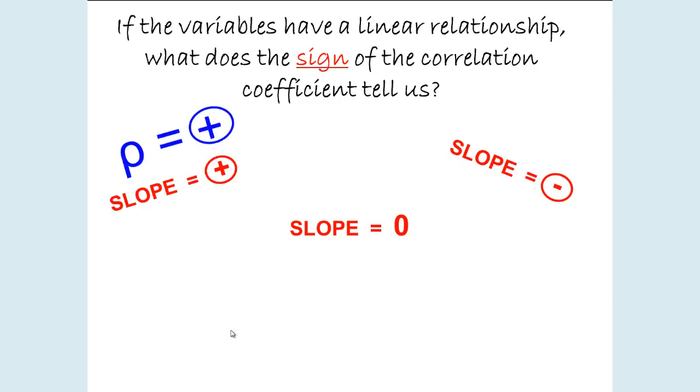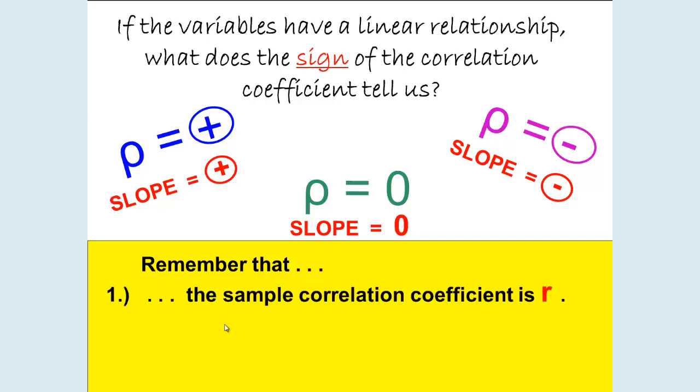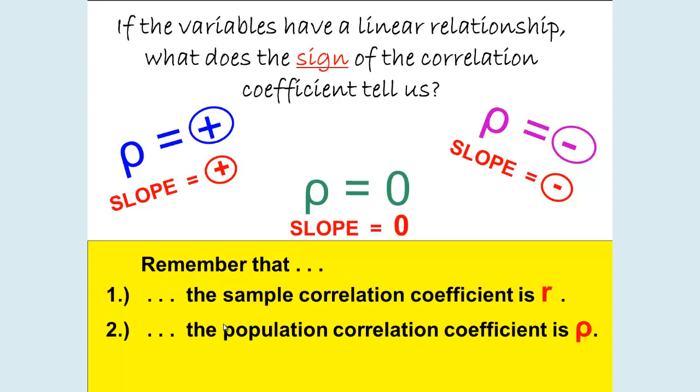If the population correlation coefficient rho is positive, then the slope of the linear relationship is positive. If it is negative, then the slope is negative. And if it is 0, the slope is 0. Remember that the sample correlation coefficient is r, the population correlation coefficient is rho, and r is used to estimate rho.